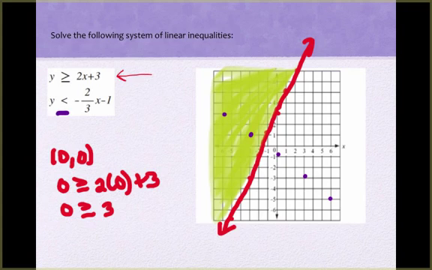Now this is just a less than problem, so we can't connect with a solid line. We want to connect these points with a dashed line, because we're not allowed to be equal to the line. And since it's a less than problem, we want to shade everything that's below that. So let's take that graph and we'll shade everything that's below the line. So that's everything in here.